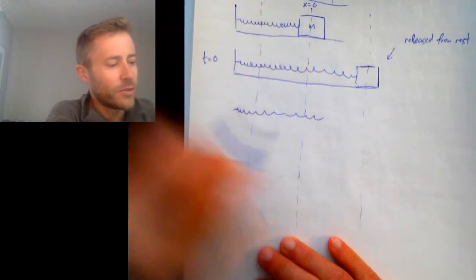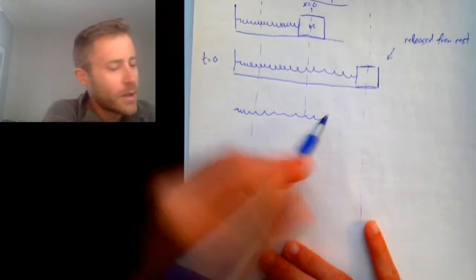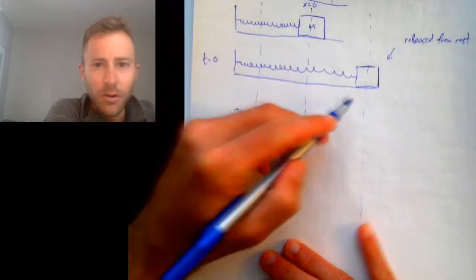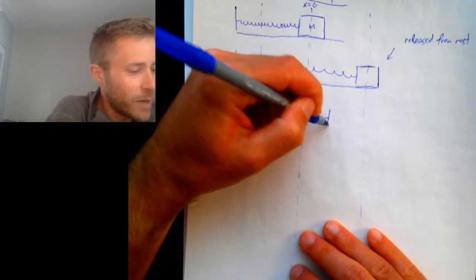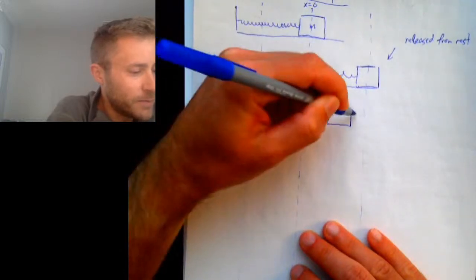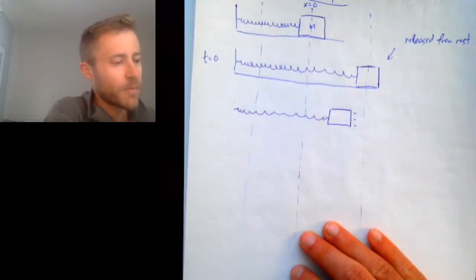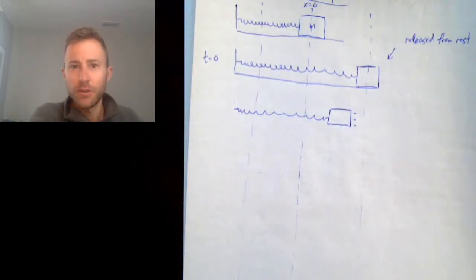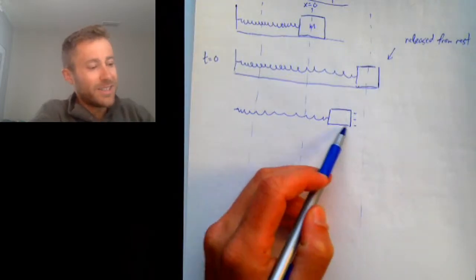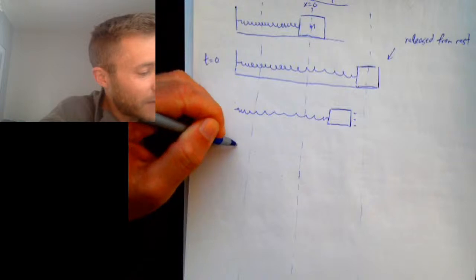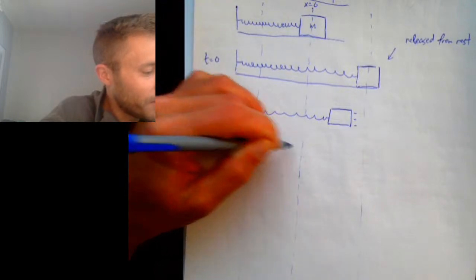Now because the spring is stretched, it's going to pull the mass to the left, and so the mass is going to pick up speed. It starts going to the left, and it's going to continue to pick up speed as it passes through equilibrium.